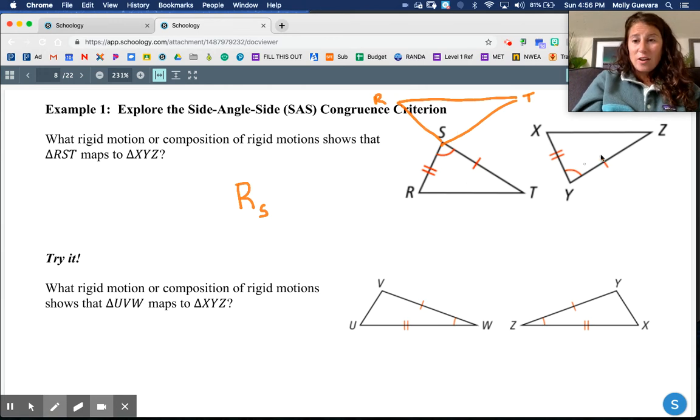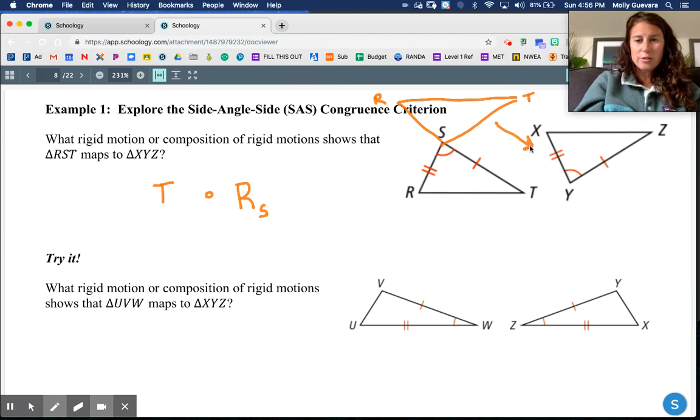Okay, now I want it to line up over here on this triangle, so then I can also do, and remember when we do our composition, the thing on the right is the one that we do first, right? So this is what I would do first, is I would reflect over S, and then I would translate it. Now, I don't know how many units or anything I would translate it.